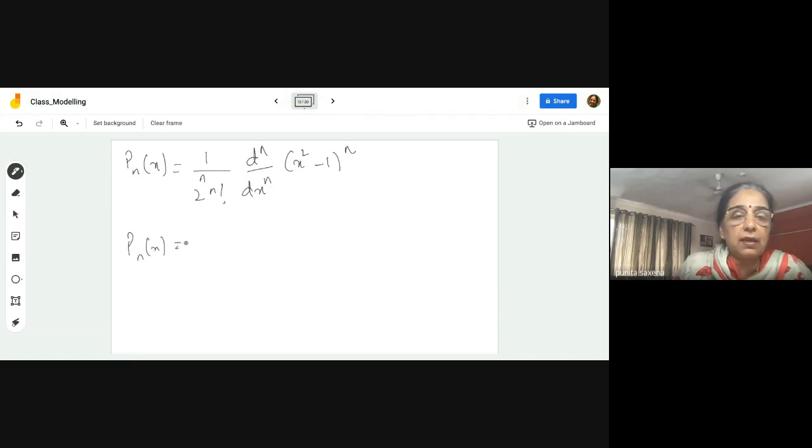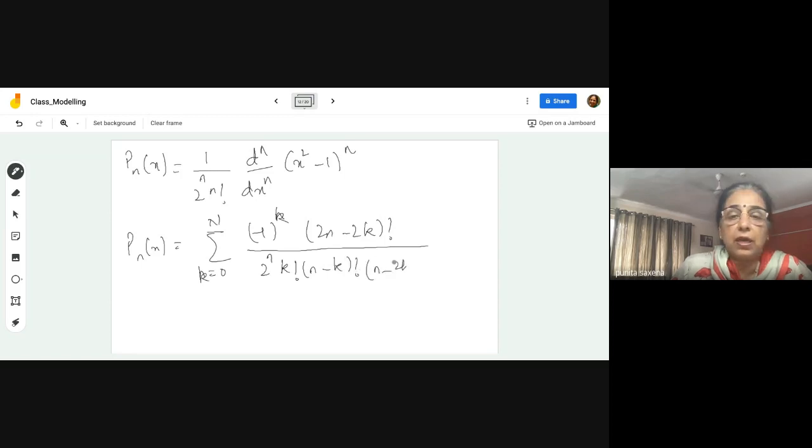And initially we were writing it as the summation over k varying from 0 to capital N, minus 1 to the power k, 2n minus 2k factorial upon 2 to the power n into k factorial into n minus k factorial into n minus 2k factorial, x to the power n minus 2k.